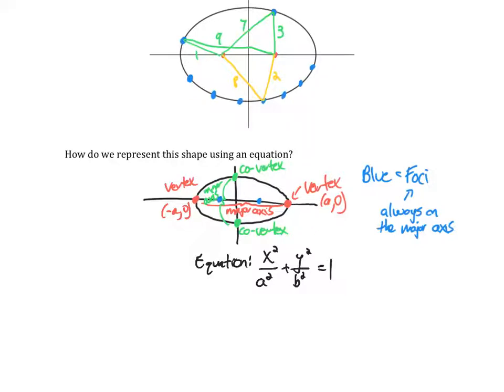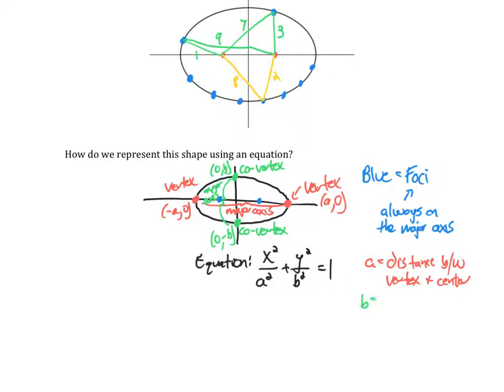So a represents the distance between the vertex and the center. The two co-vertices are (0, b) and (0, -b).